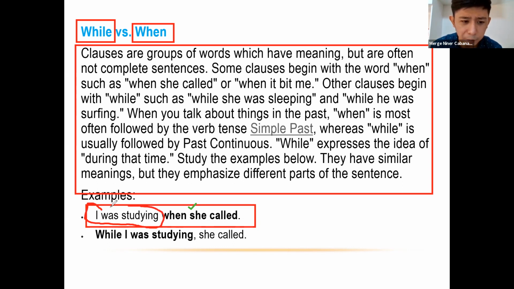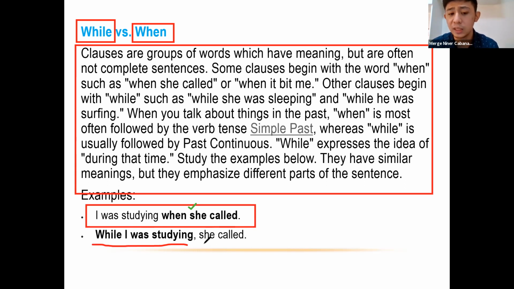And then I have here "she called," all right? So I was studying and then she called. So if I want to emphasize the interruption, I will put "when," because I can only put "when" to an expression which already finished. So, "I was studying when she called." Now, "while I was studying, she called."